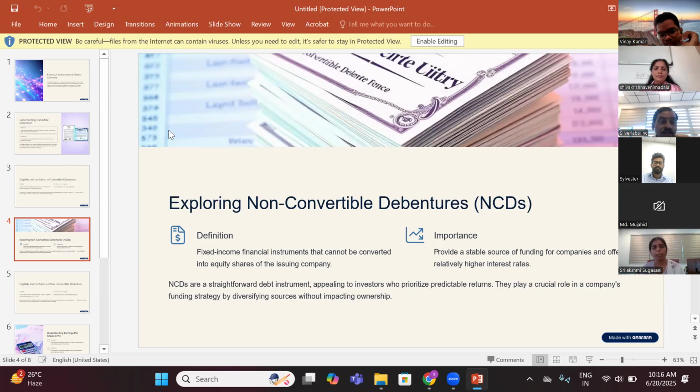And the investors will get a fixed income regularly, monthly, quarterly, half yearly, or yearly, and they get secured with the company, as these NCDs are secured with the company's assets, plant and machinery, land, etc. During unforeseen situations, the company will pay these NCD investors.